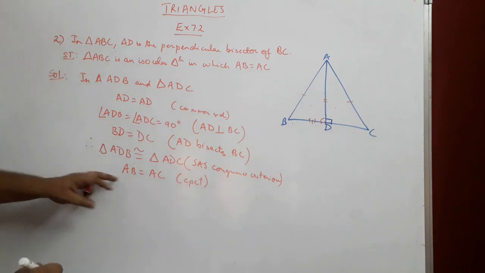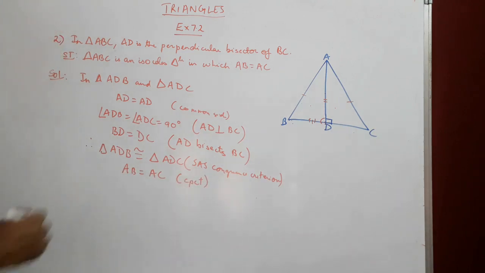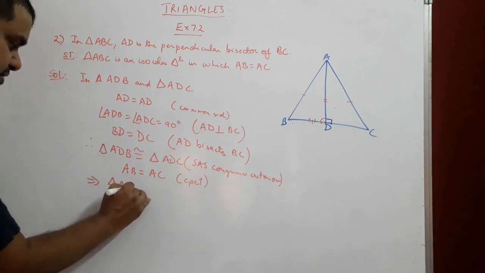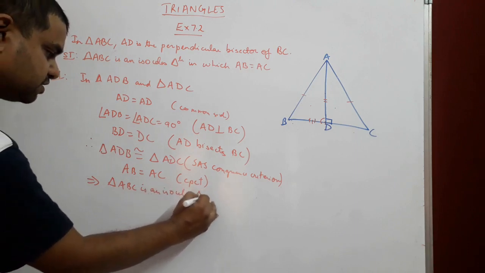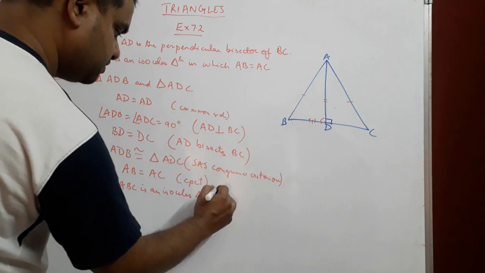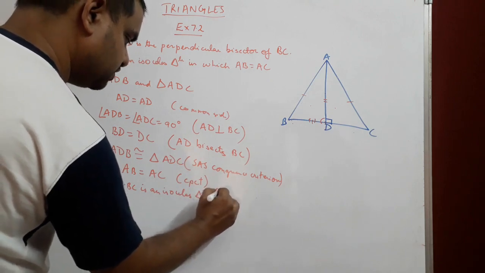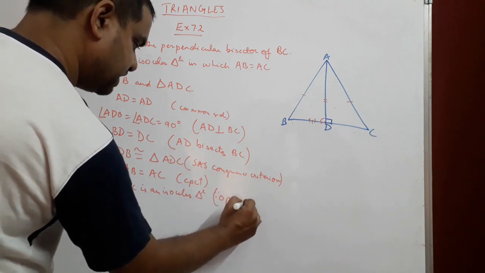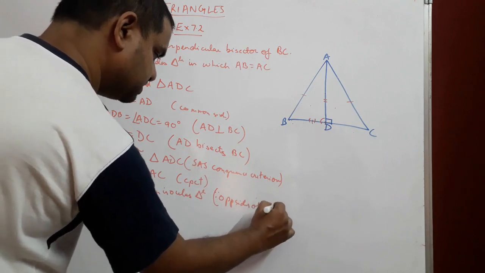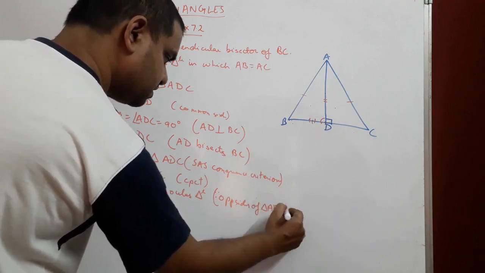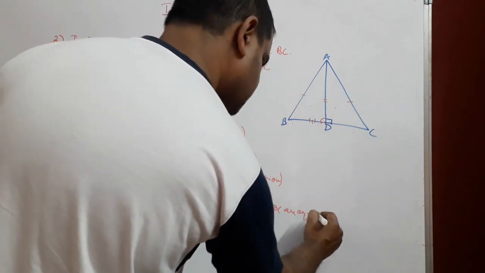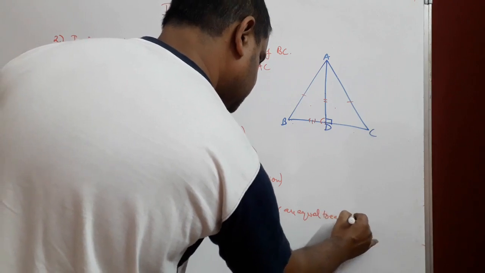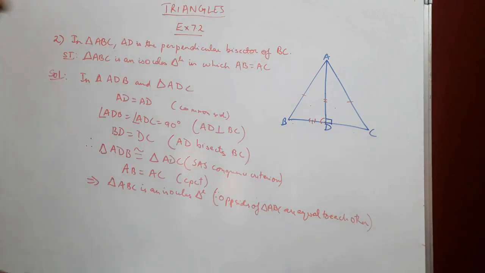And in showing that AB is equal to AC, we can easily conclude that triangle ABC is an isosceles triangle, since opposite sides of triangle ABC are equal to each other.